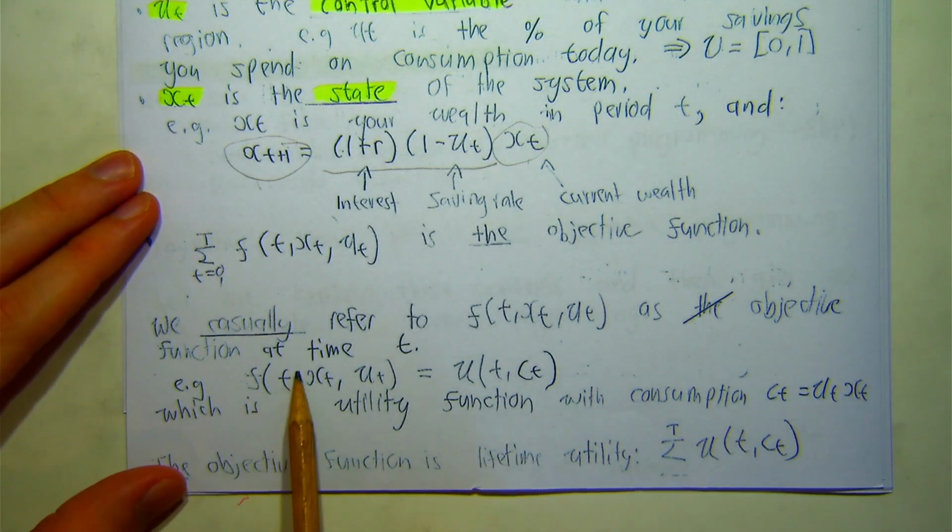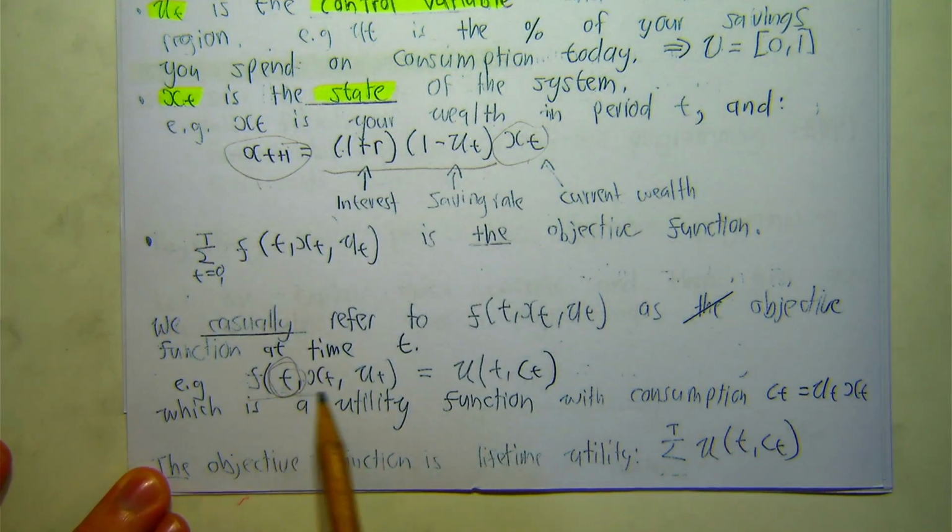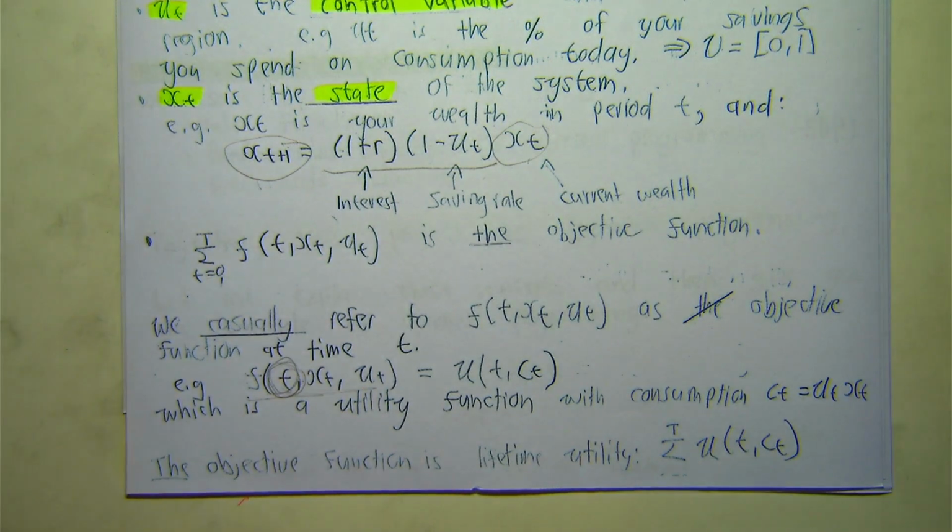And yeah, just pay attention to the fact that this can change based on your time period. There's no reason that your utility for today has to be determined in the exact same way as your utility the next day. And so we can account for the fact that your preferences can change by having your objective function within any time period changing if it wants to.